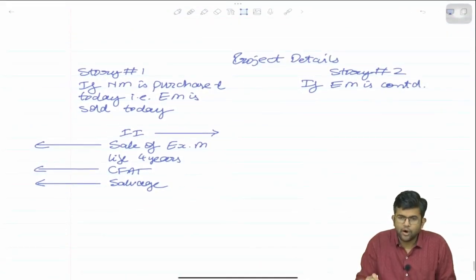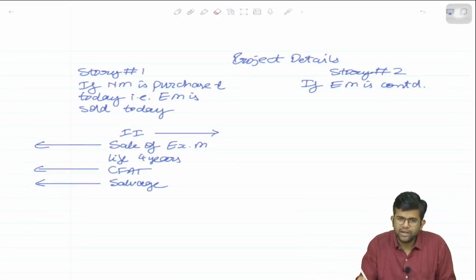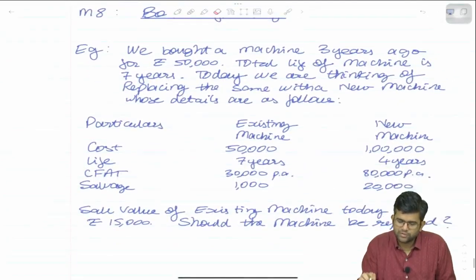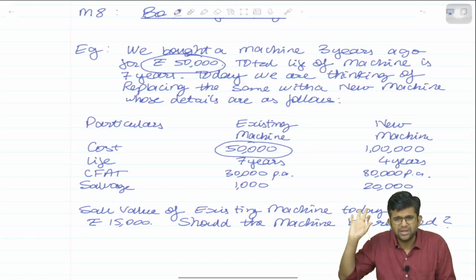On the other hand, if I continue the old machine, then there is no initial investment here, because to continue the old machine, I don't need to do any initial investment. In Inter, you must have understood now that this cost that you are seeing has already been incurred by you 3 years back.